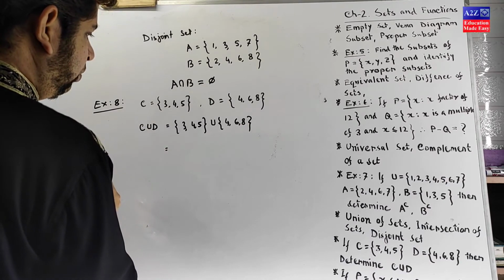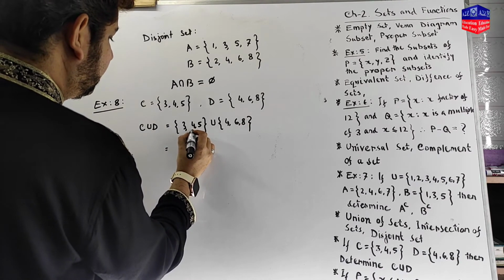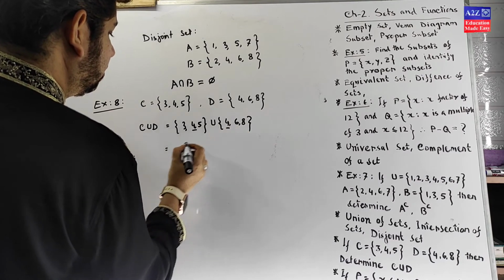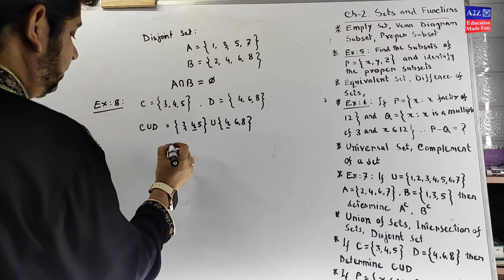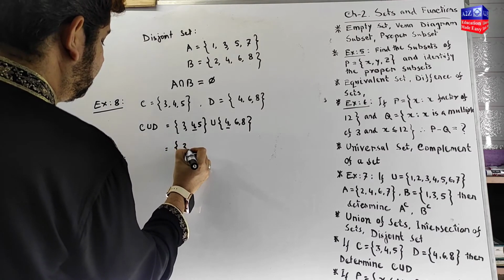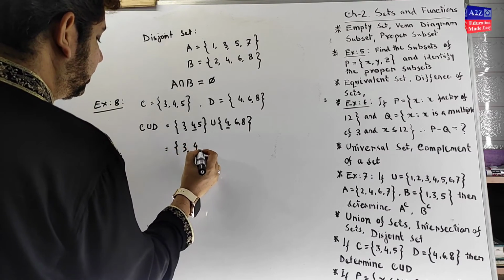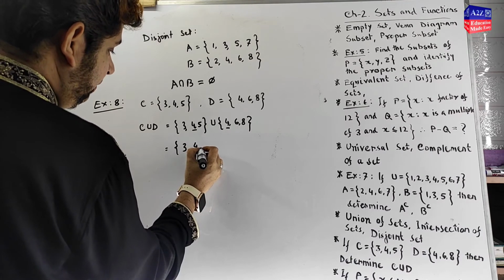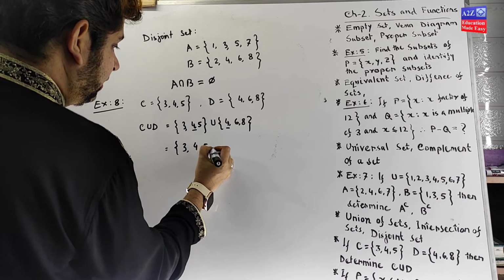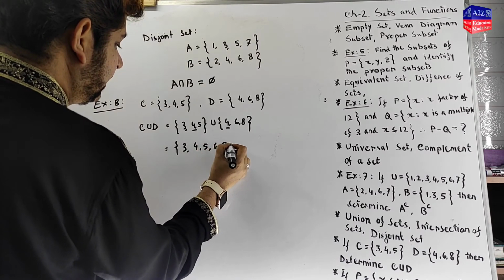You see, there is only one element common to both sets, that is 4. So 4 will be used only once. It won't be repeated. Then 5, then 6, 8.